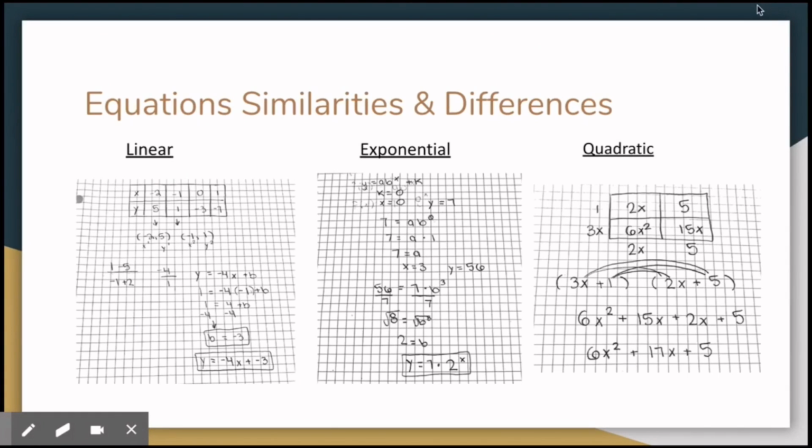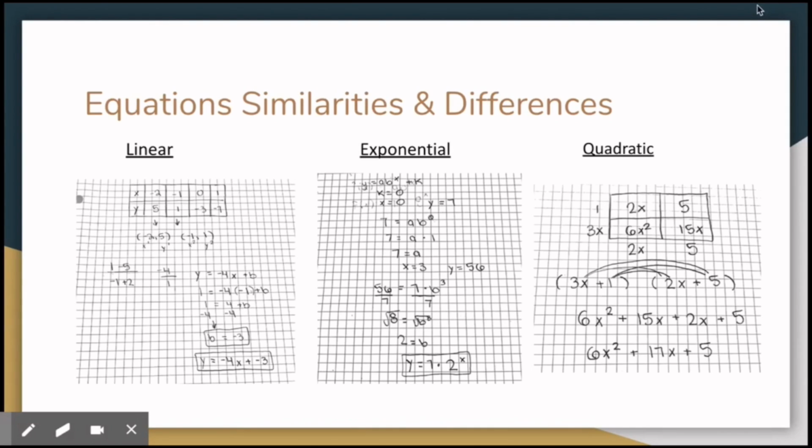And from linear, we started with a table, and from there we got the points, and there's no points in either of the other two. And for the exponential, we used the square root, and we didn't use that for the other two.